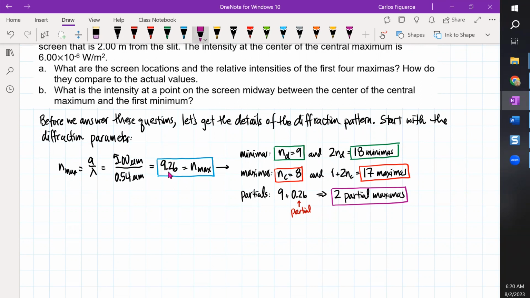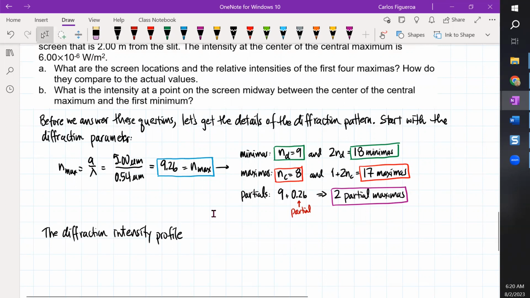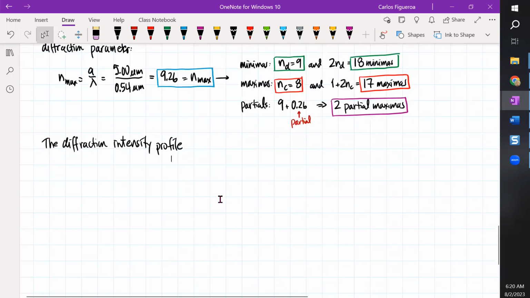So when I look at the diffraction profile, if I draw this out, I'm going to be looking at something like this. So what I expect to have here is that since I have 9 minimas, I have to go out at least to n equals 9.